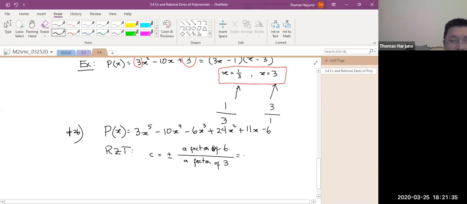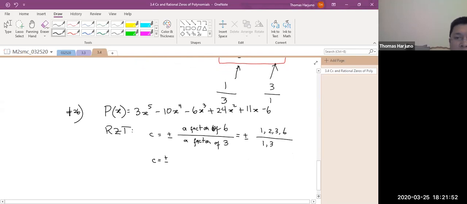So that's plus or minus the factors of 6, which are 1, 2, 3, 6, and the factors of 3 are 1 and 3. Now then, what are the possible rational zeros of this polynomial?